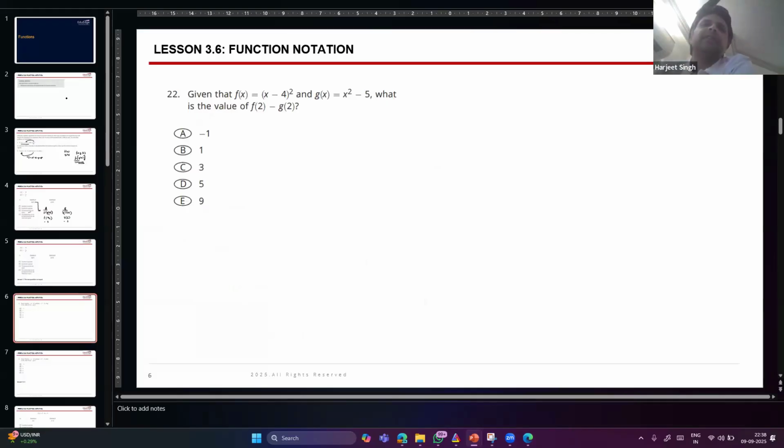f of x is x minus 4 squared, and g of x is x squared minus 5.